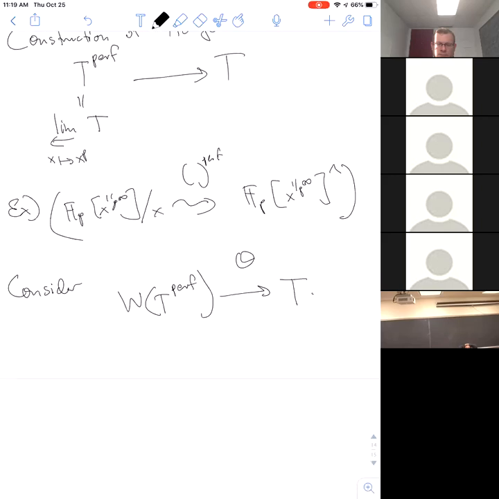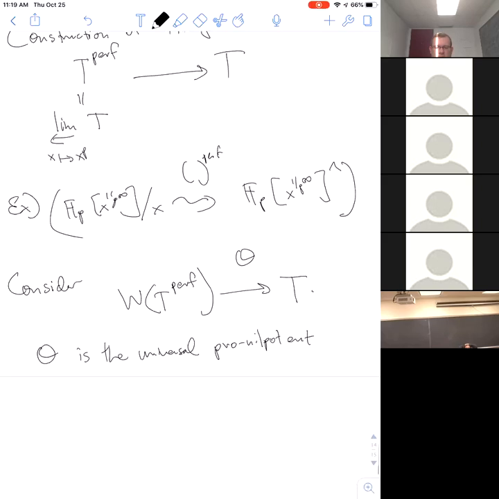And the idea is that, T being a regular semi-perfect ring, theta is the universal pro-nilpotent thickening of T. So for example, if you have a perfect ring, you just take its Witt vectors, and that's, let's say, p-adically complete. That's its universal p-adically complete thickening. It's something such that when you reduce mod p, you get the perfect ring again.